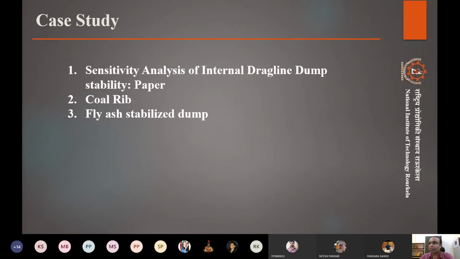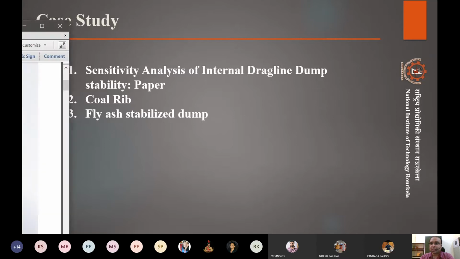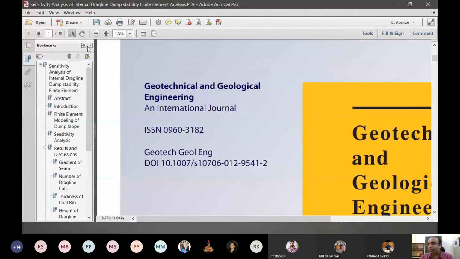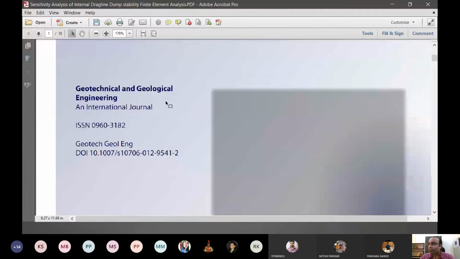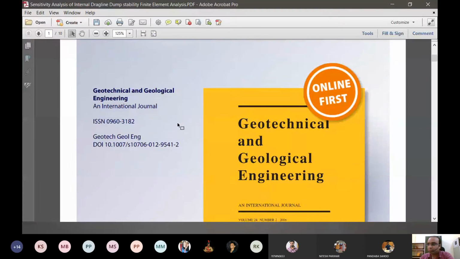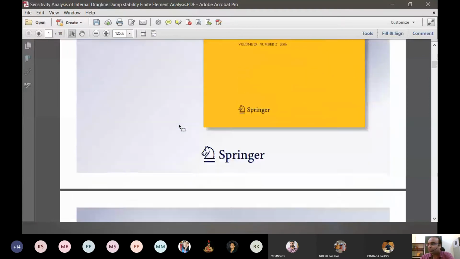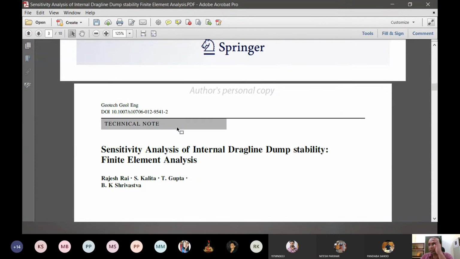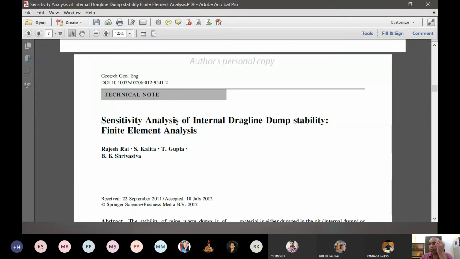So this first case study is actually my paper, which I did based on the work on my bachelor's. In BTech, my final year project was related to this, and on the basis of that, my BTech report was basically published.